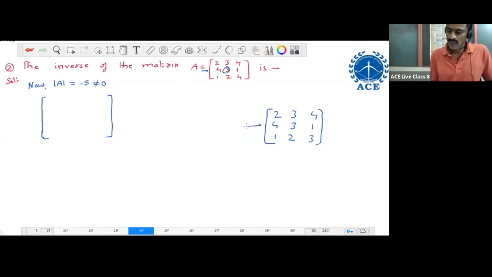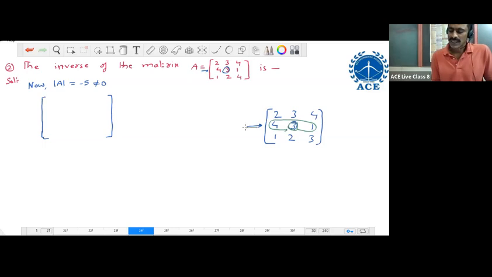Consider the second row, second element, and start here. Move anti-clockwise and come back to the same position. Start at 3 and stop at 3 by moving in the anti-clockwise direction.